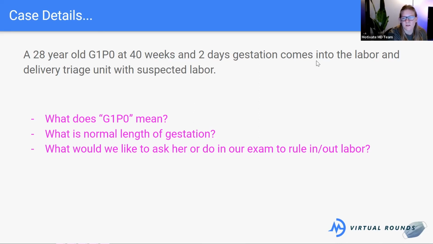Those are the main things that come to mind for ruling in and ruling out labor. If she's having regular contractions, if she thinks her water is broken, and if she's still feeling the baby move around with normal behavior, that'll be reassuring to us as well.